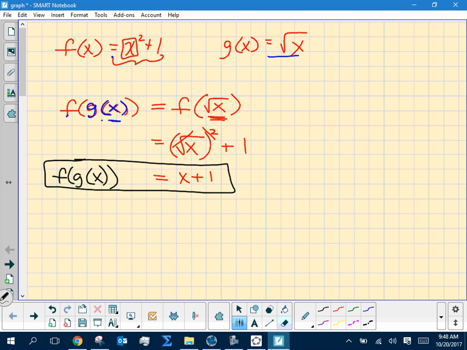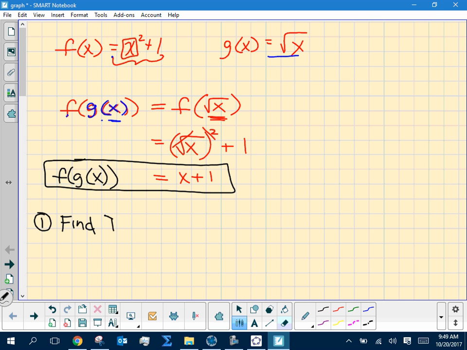But we've got to talk about the domain. Because if we go back to graphing this, the domain for this linear function is only from 0 to infinity. So we're going to talk about how we find that. The first thing you do in finding the domain is look at your inside function and find the domain of that inside function.